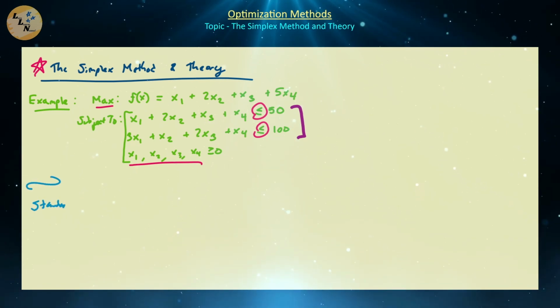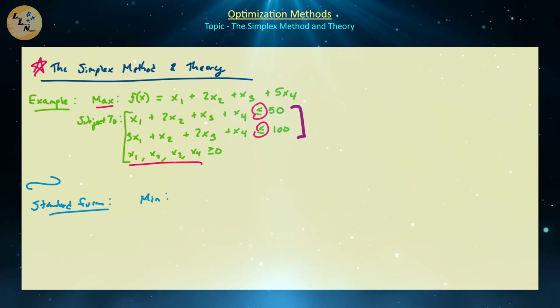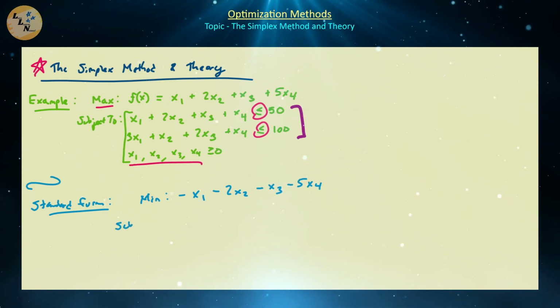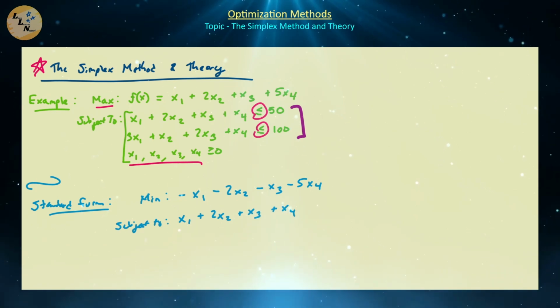So the standard form for this linear program is the minimization of the functional minus x1 minus 2x2 minus x3 minus 5x4, subject to the following constraints: x1 plus 2x2 plus x3 plus x4 plus our first slack variable s1, equal to 50.